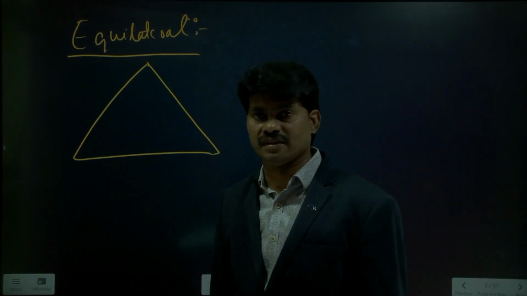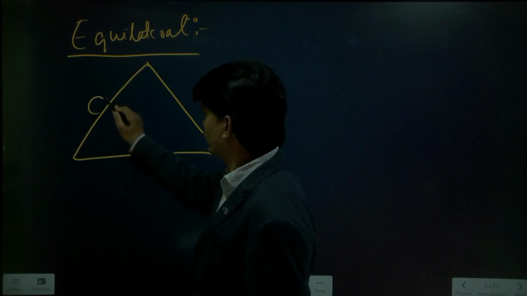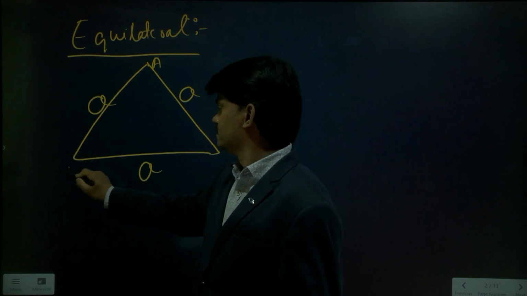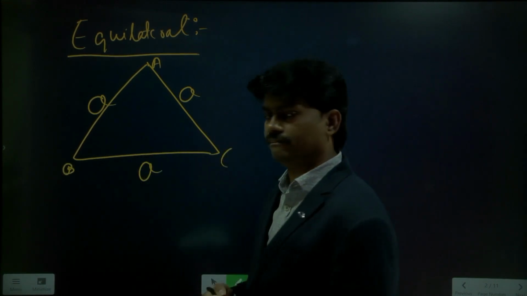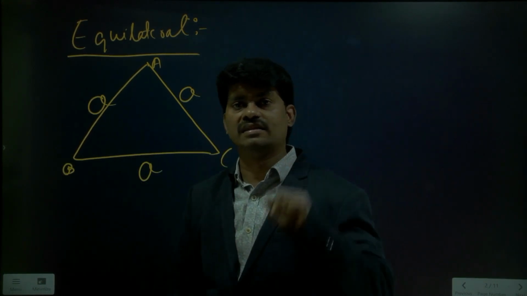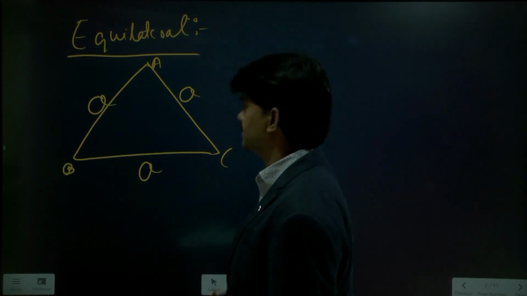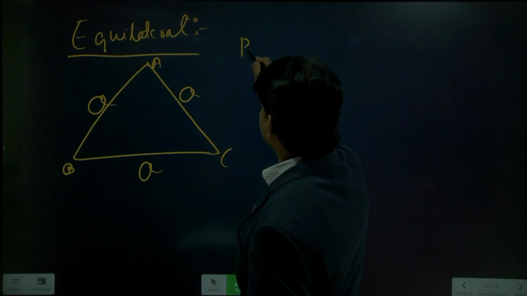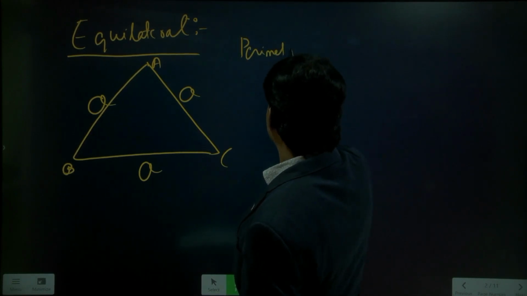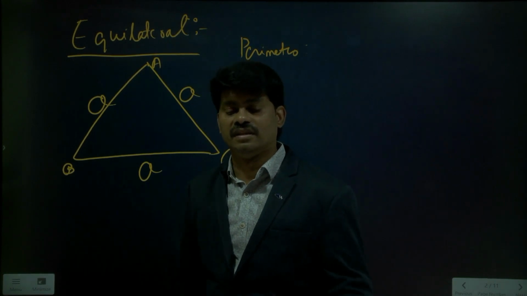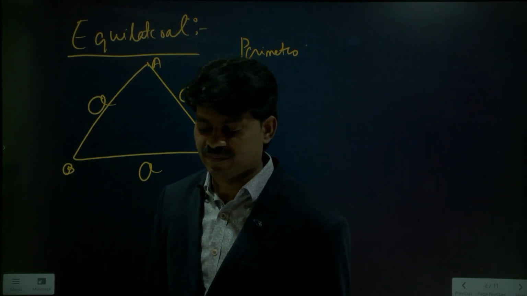So here A, here A, here A. And also all the three angles are equal: 60, 60, 60. Okay. So now perimeter. Perimeter is the sum of all the sides. In general we define it as A plus B plus C.